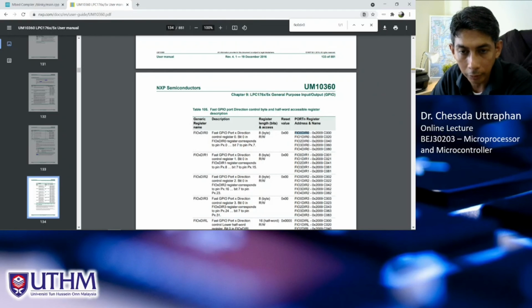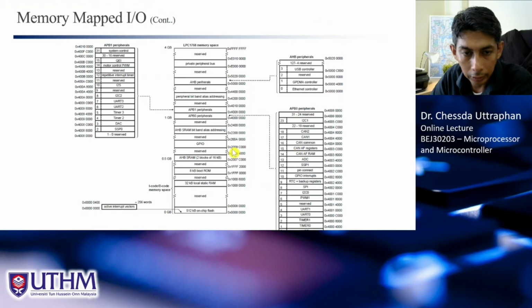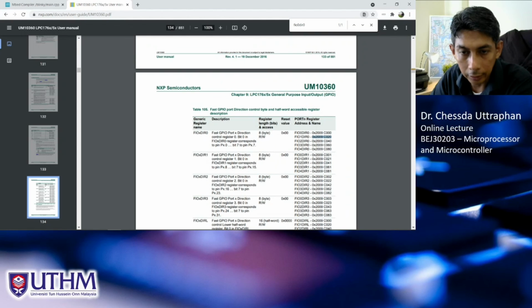This is FIO1, which means port 1 byte 0, and this is mapped to 2009C020. See? So C020 is the data direction register for byte 0 of port 1 here. So for port 1, it is the next address.